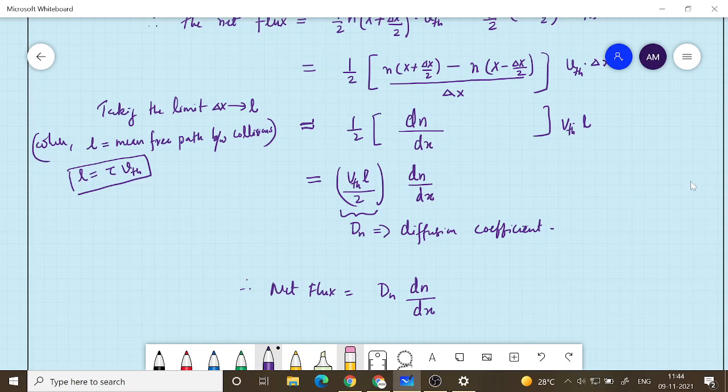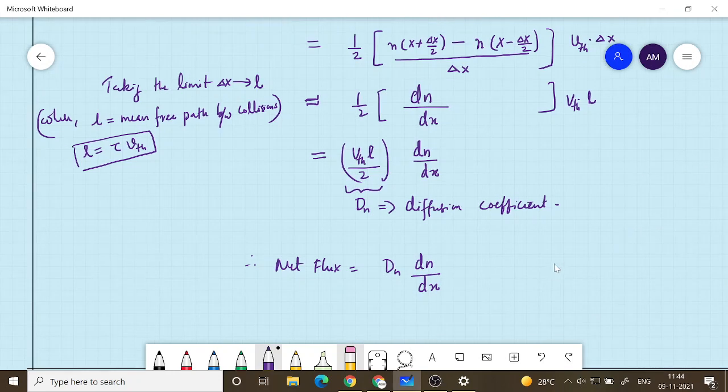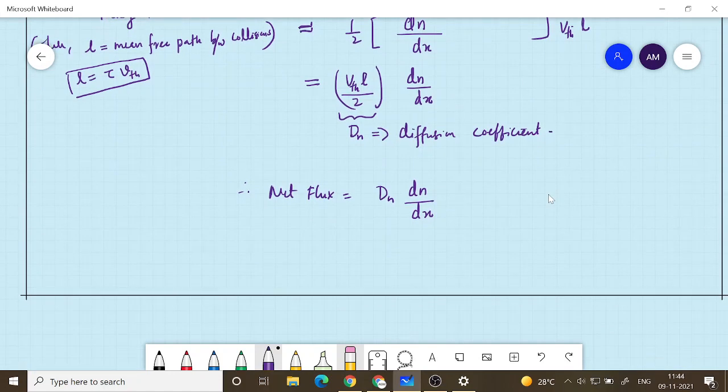Okay, now coming to the current. So therefore J diffusion for electron is equal to, you have to multiply it with minus q into the net flux, D dn by dx.